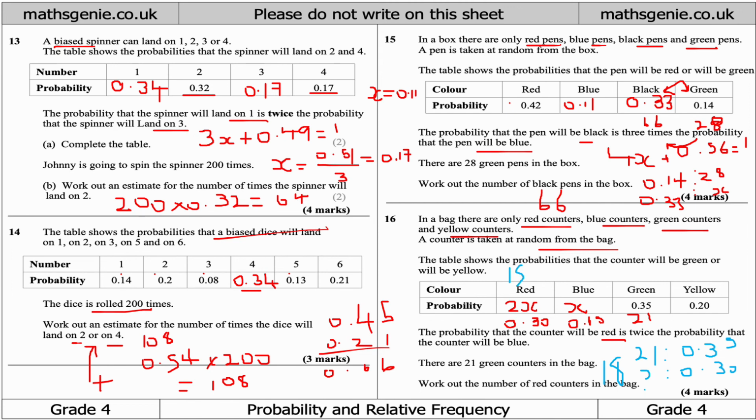So I did 21 times 0.3 and then divided that by 0.35. I got 6.3, and then I divided it by 0.35, and I got the answer of 18. So there are 18 red counters in the bag.